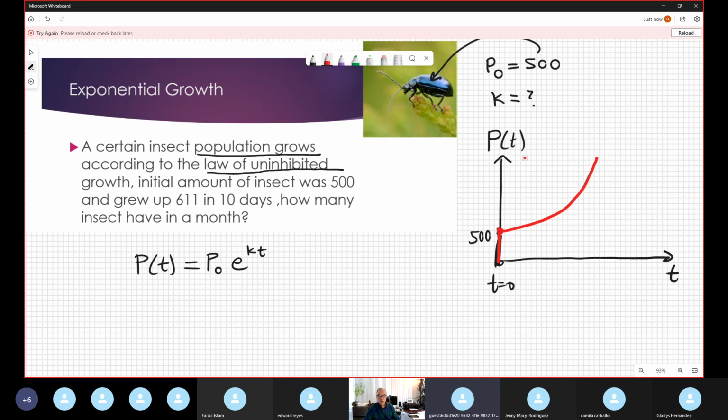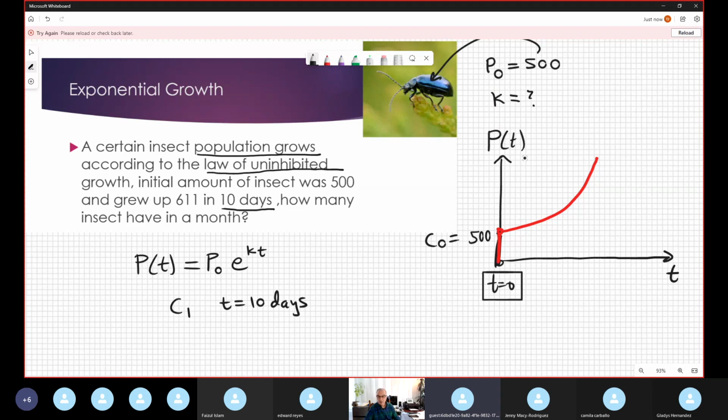So this is condition 0. Let me call it condition 0. Why condition 0? Because it's at t equals 0. However, experimentally, I saw that at t equals 10 days, condition 1 is given, an intermediate condition, at t equals 10 days.